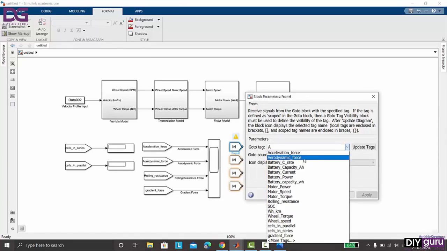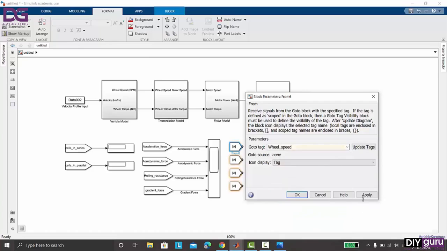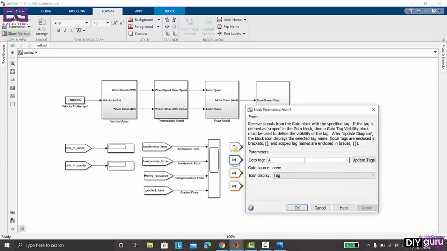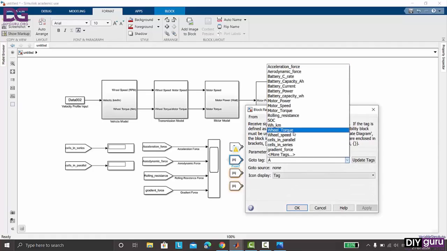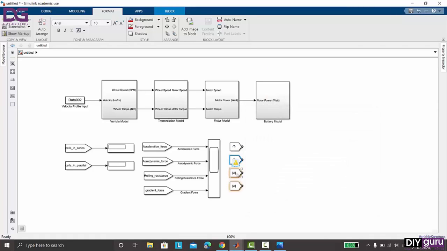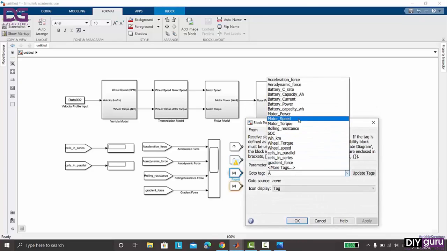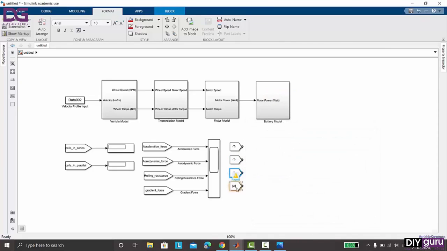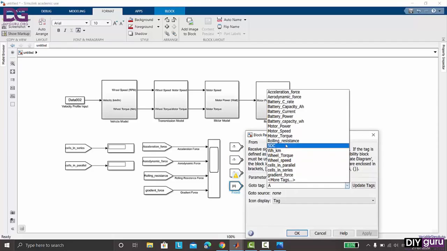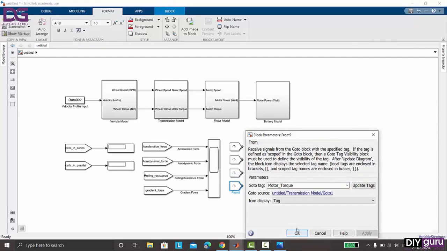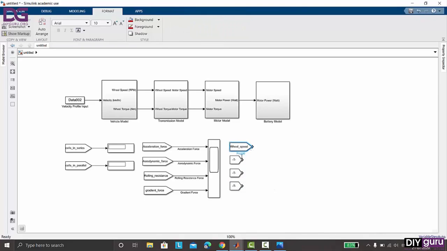We require 4 blocks and name them wheel speed, wheel torque, motor speed, motor torque. Copy this scope block and connect the blocks as well as the signals.